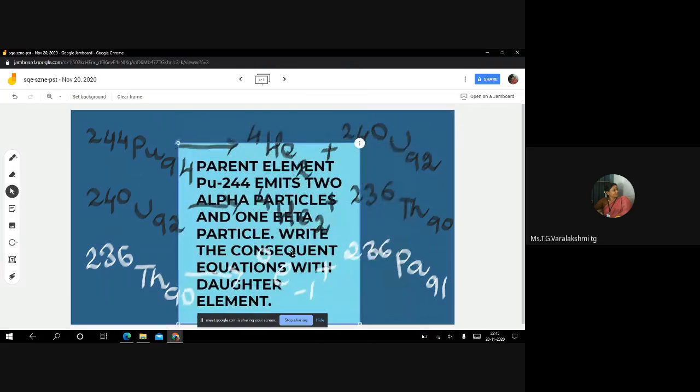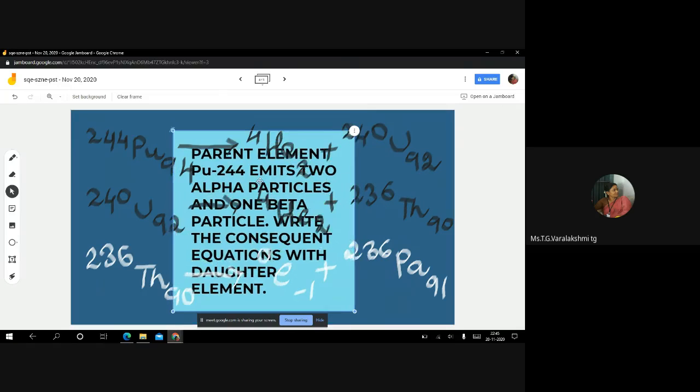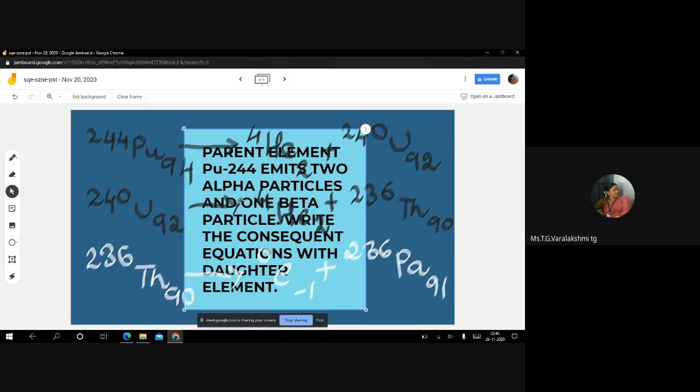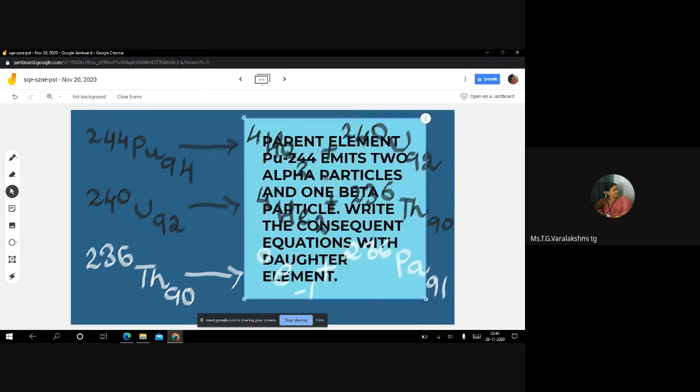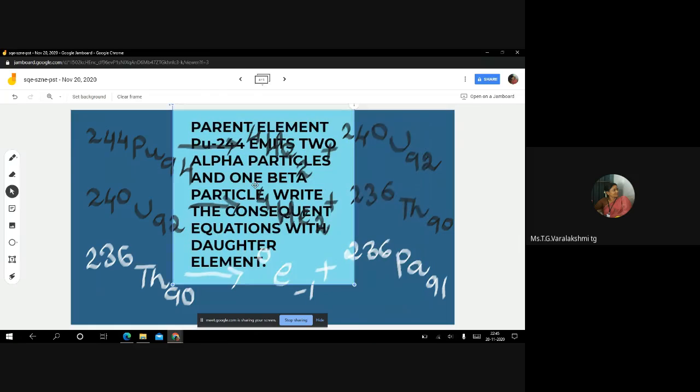Okay. The parent element is given as Pu244. This parent element emits 2 alpha particles. Read it carefully. It emits 2 alpha particles and 1 beta particle. You should write the consequent equation, and finally you must also write the daughter element with its atomic number and mass number.